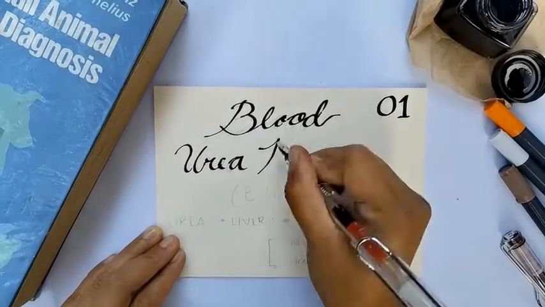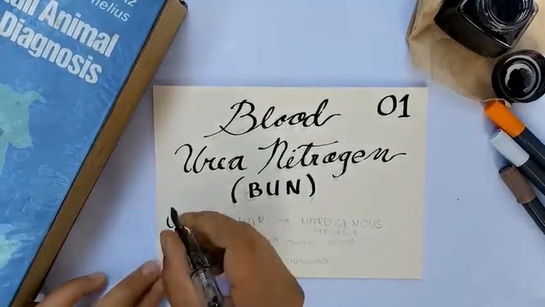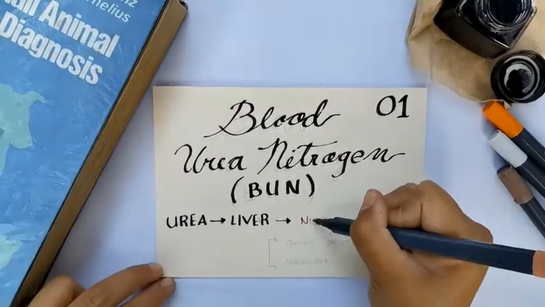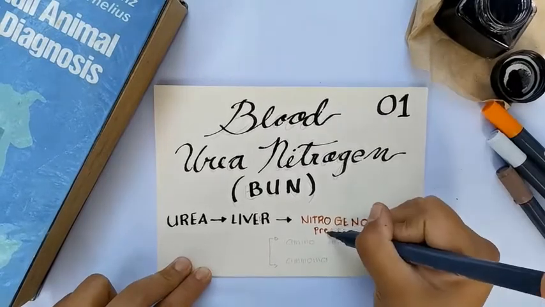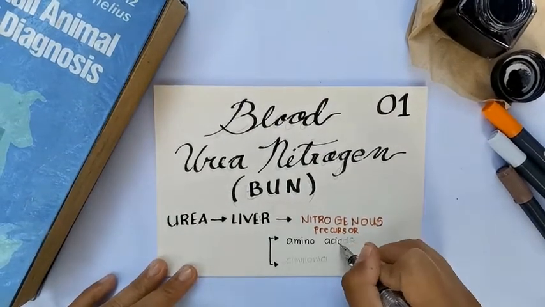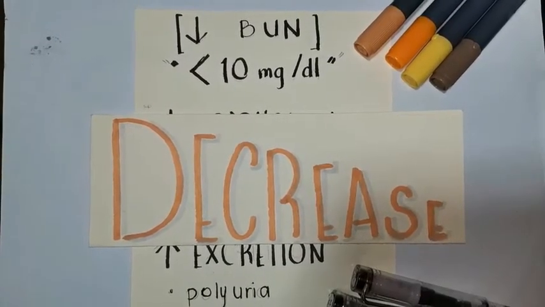Number 1. The blood urea nitrogen, also known as the BUN. Urea is produced by the liver from the nitrogenous precursors, namely the amino acids and the ammonia.